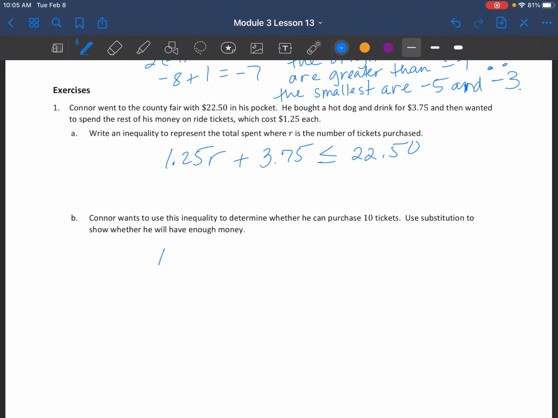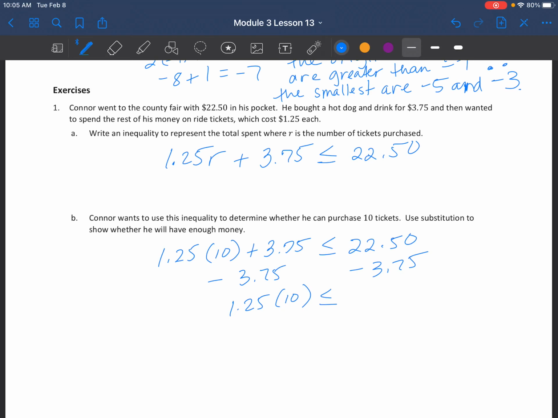So Connor wants to use his inequality to determine whether he can purchase 10 tickets. So we're going to use substitution. We're going to take the inequality we just created, but instead of putting R, we're going to replace it with 10. So we've got 1.25 times 10 plus $3.75 is less than or equal to $22.50. Now we're going to solve this by subtracting $3.75 from both sides.